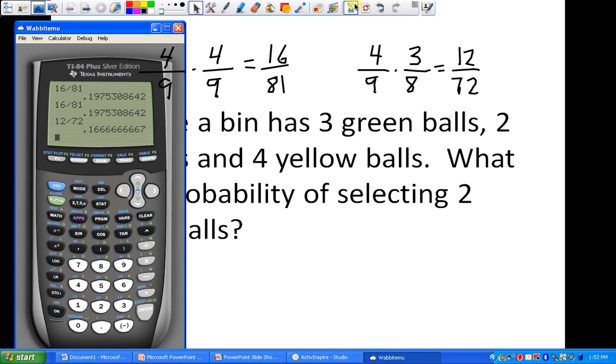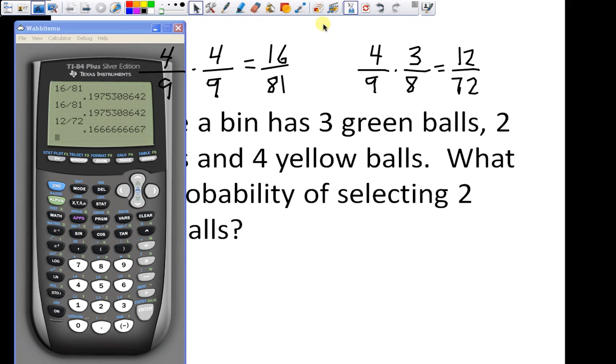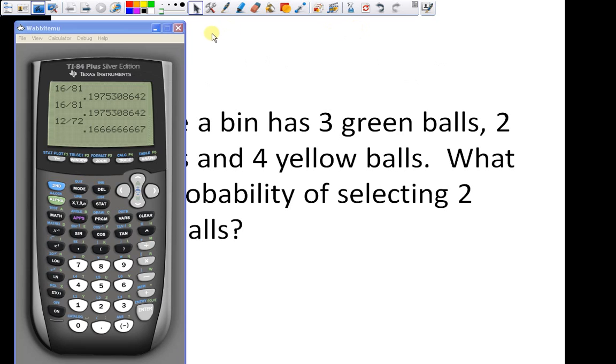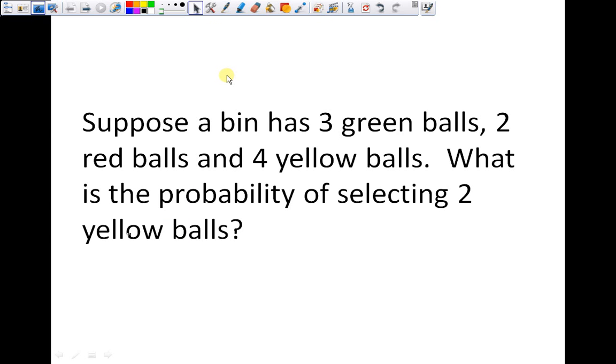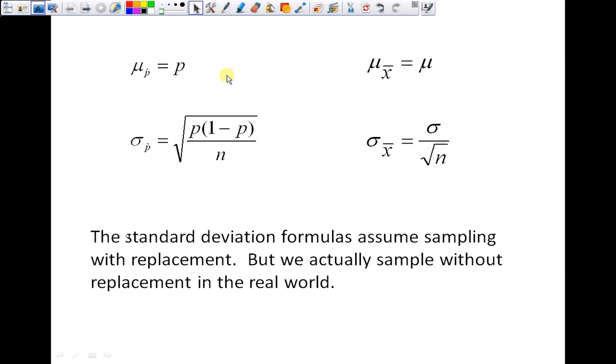Okay, so let's go to these standard deviation formulas, which we use when we're doing a confidence interval or a hypothesis test about the mean or a sample proportion. It also goes with two means or two proportions.